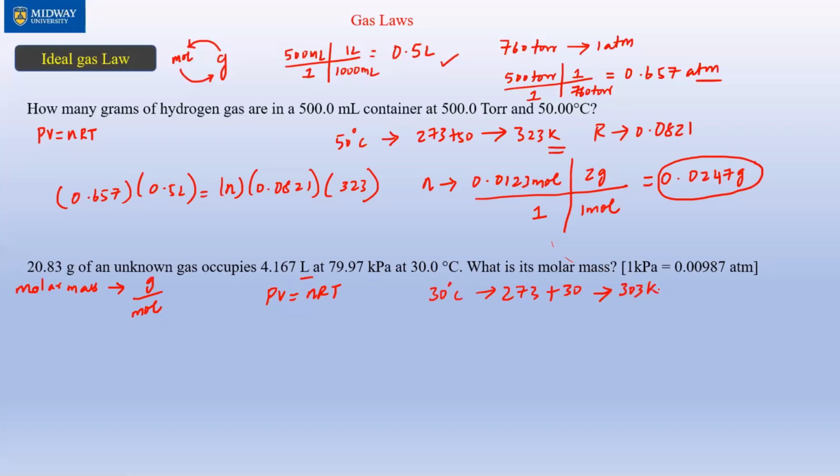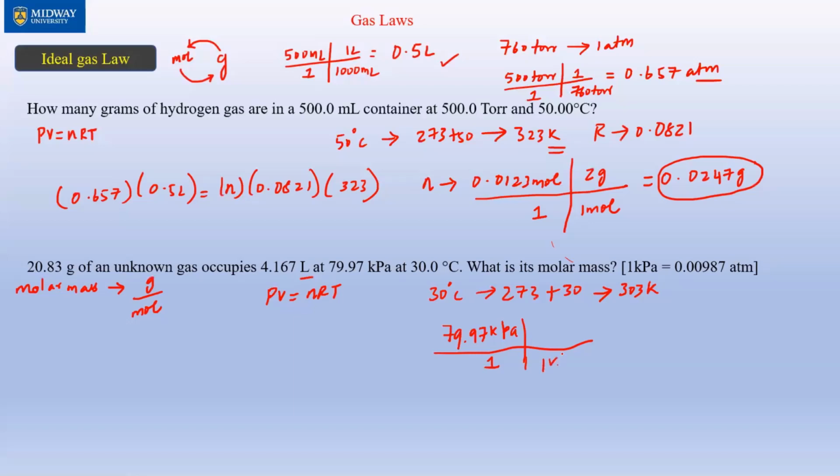Pressure is in kilopascals, which must be converted to atm. I've given that conversion factor. Whatever value you are given, 79.97, always goes at the top, over 1, and then you put the conversion factor here.